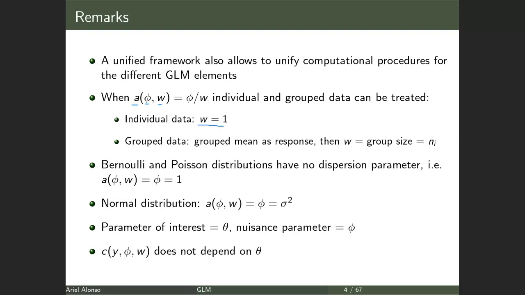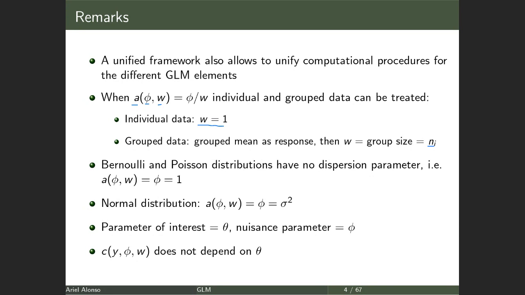If you're dealing with group data, for instance binomial data, and you use the mean as the response, then w is equal to the sample size. This is what you do if you have binomial data and you establish your model not to model the Y, but to model the proportion. Then you consider a specific w. It's just an element that gives you generality and flexibility when you are dealing with different types of outcomes.